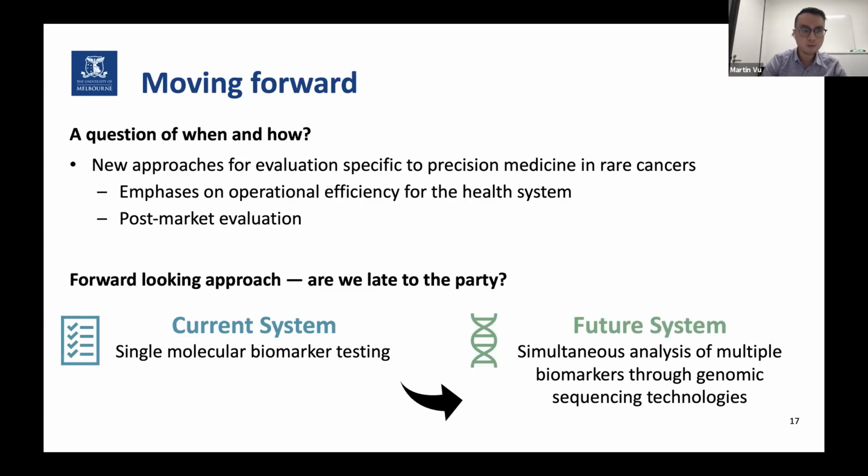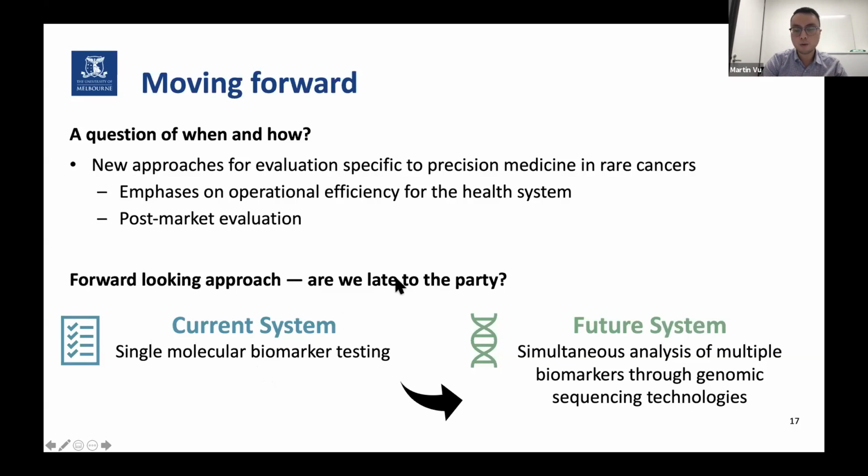And so we need to adopt that forward-looking approach because, as I presented, the current system is mostly focused on single molecular biomarker tests for clinical indications in the management of blood cancers.